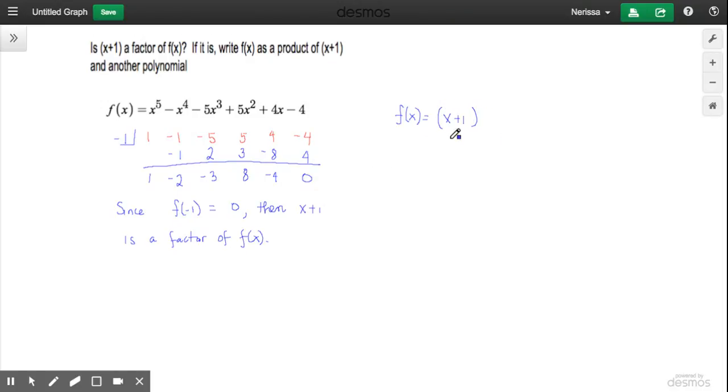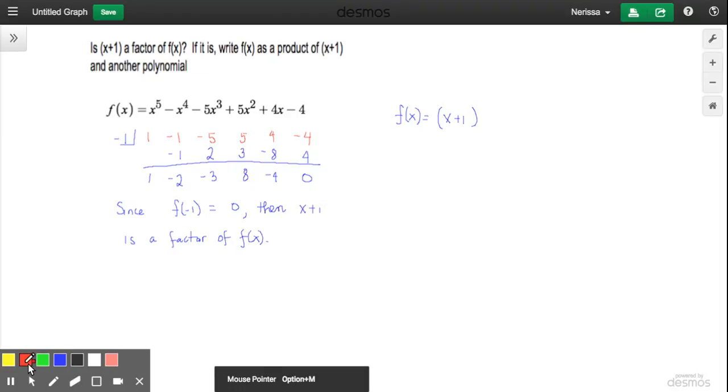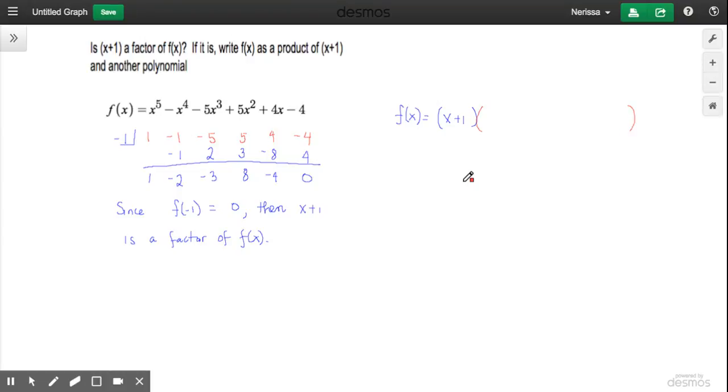Now, the other factor can be determined by using these coefficients here. These are the new coefficients.